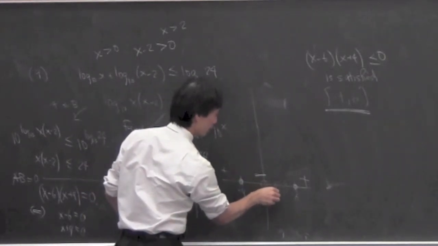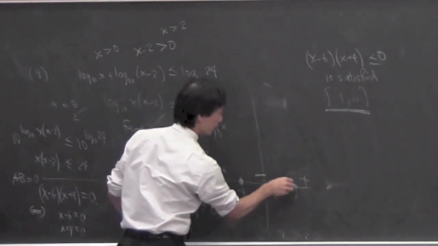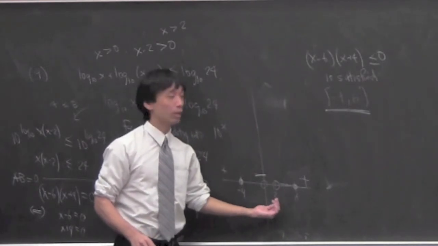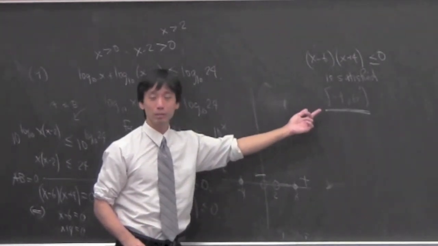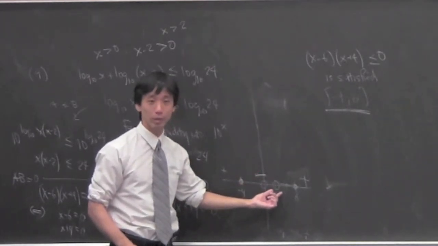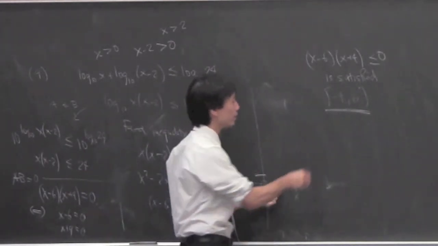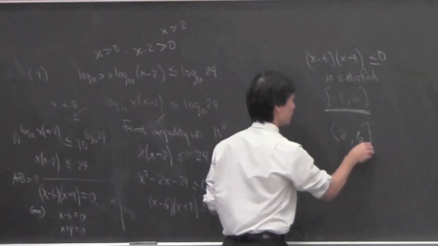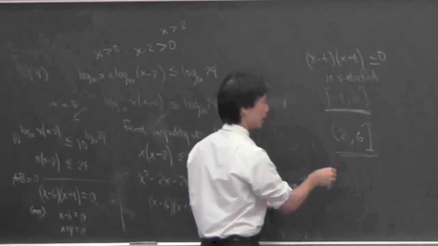So I'm going to put 2 here, and we have to be on the right side of 2. So what's our solution set then? 2 to 6. Inclusive on 2 or exclusive? Exclusive, right? So between 2 and 6, including 6, is the actual solution.